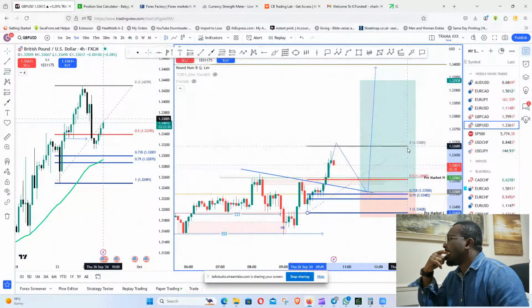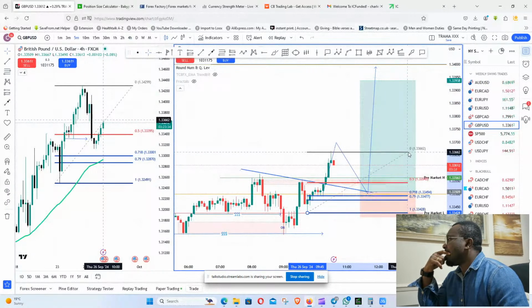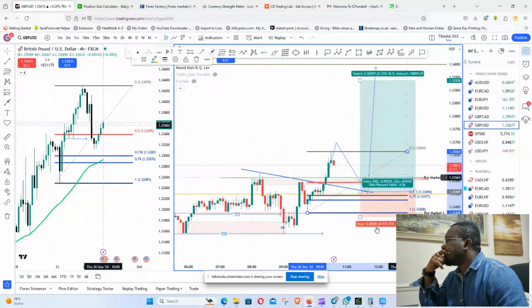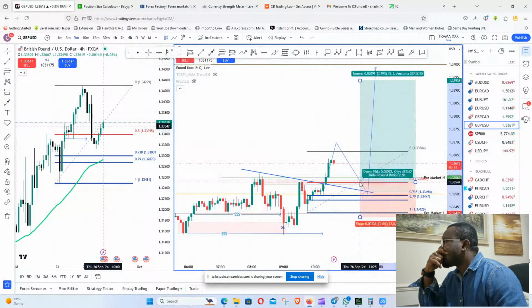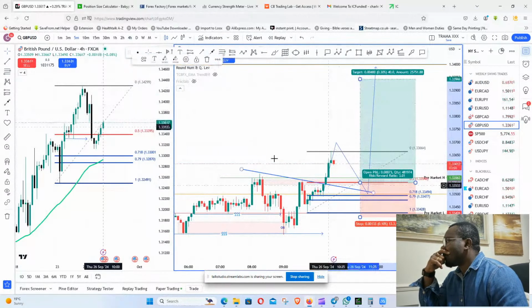So now we're going to position our limit here. If we have it here, that would be 1 to 2, which is not bad. If we have it here, that is 1 to 4, which is not bad. So whichever way, entry from this level would be nice. So we have 1 to 2 or 1 to 3 risk to reward on that one.